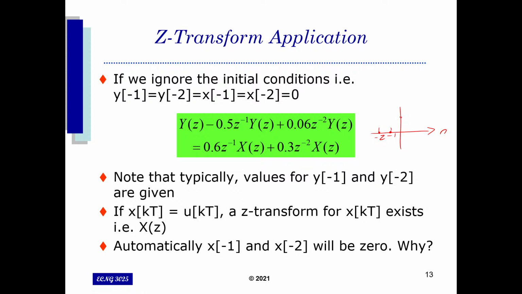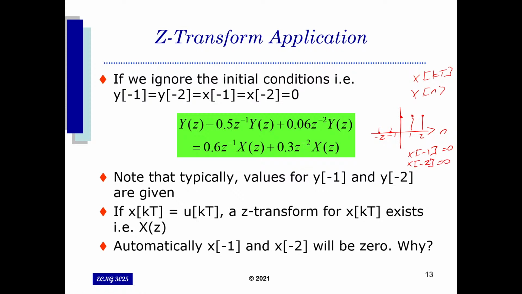But then at 0, it's going to be 1, 1, 1 for values of n. So this is as if this was x of n or x of kt. So just by drawing out the unit step, x of minus 1 here is just going to be 0, and the same thing, x of minus 2 here is going to be 0 accordingly as well.